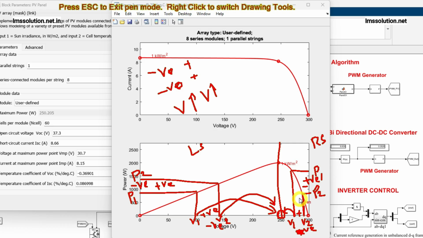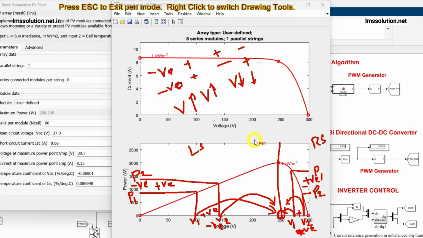During this condition also we need to move the point towards this point, so here also we need to decrement the voltage. So here you have another two conditions: plus minus and minus plus. In both cases we need to decrement the voltage.